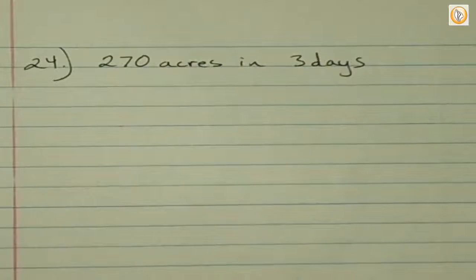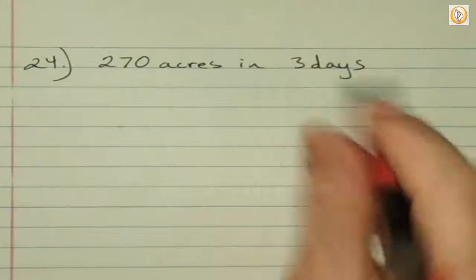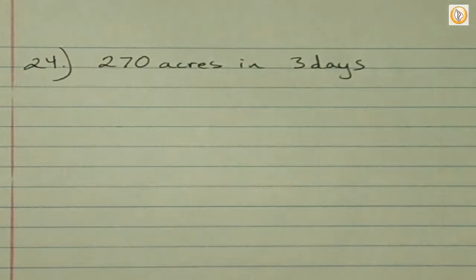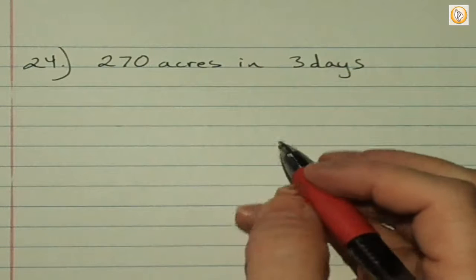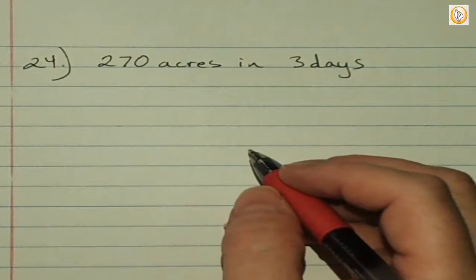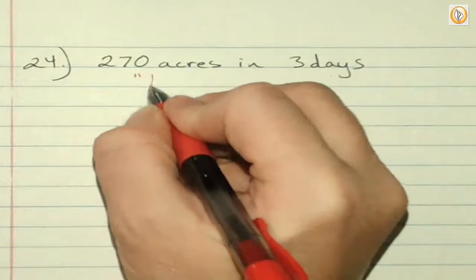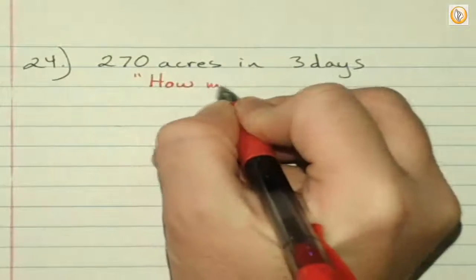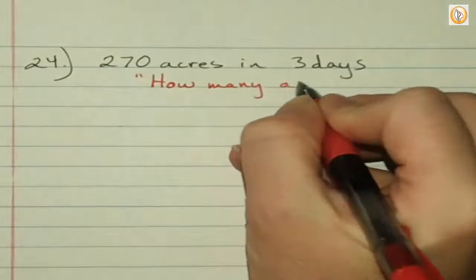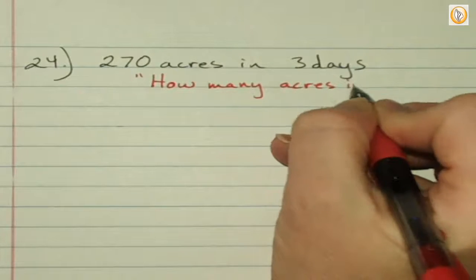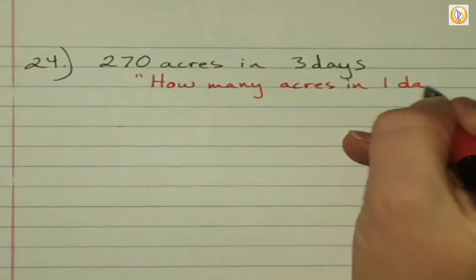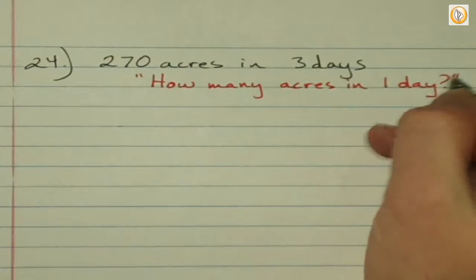So what are we asking, Kelly? What do we want to find? To find how much in 1 day. In 1 day, that's right. We're wanting to know how many acres in 1 day. Wait, where'd you get the 1 day from?